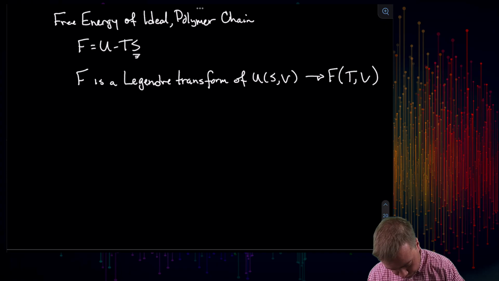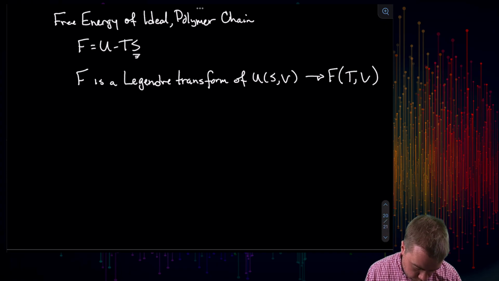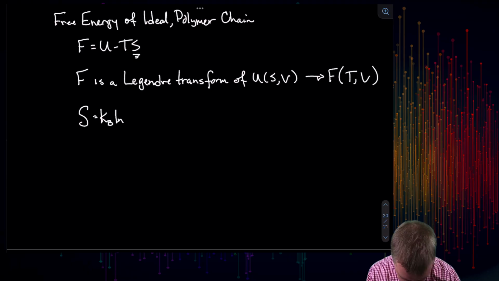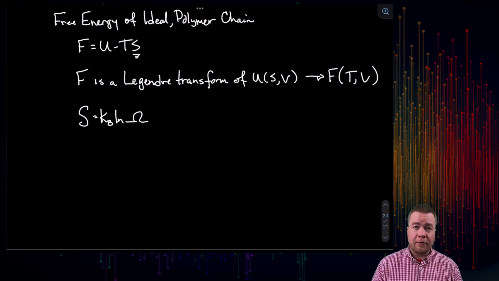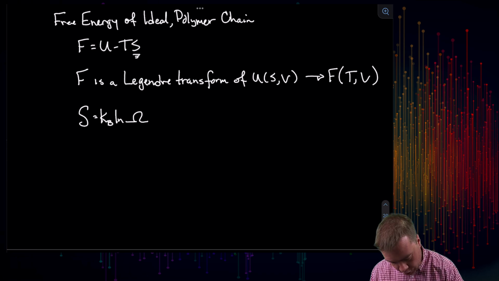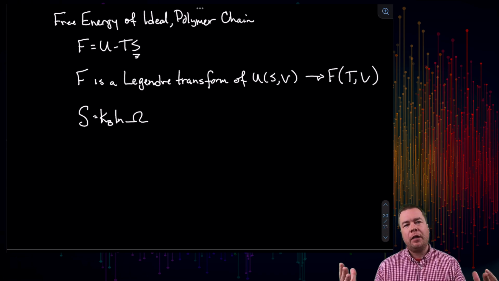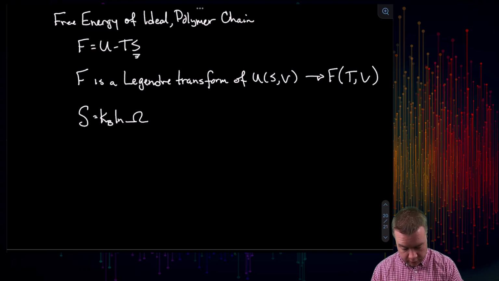Okay, so to do this, we'll have to rely on the fact that we can calculate the Boltzmann entropy for a polymer chain as Kb times the log of omega. So what I'd like to know is that if I have a polymer chain with a certain number of monomers n, how many microstates are there?